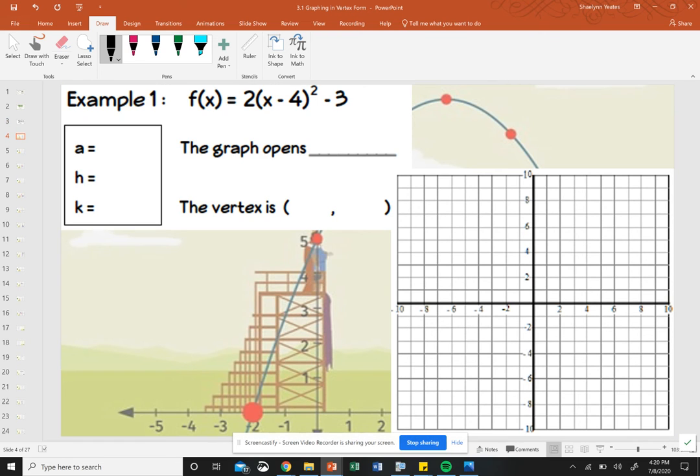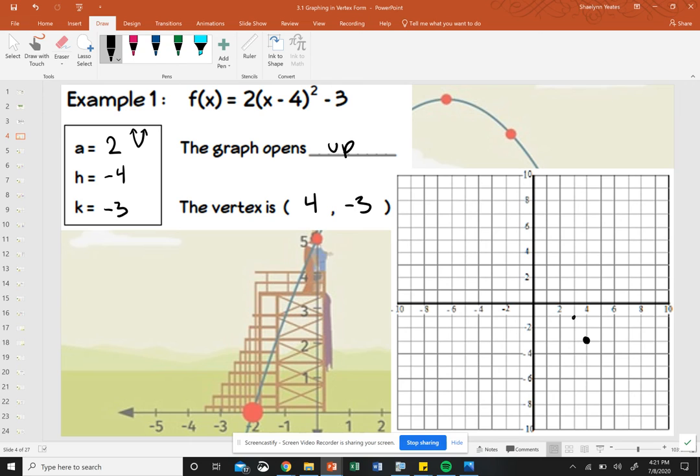All right, so right here, here's an example. So my A is 2, which means I'm going to get that stretch of 2, and it's going to be a smiley face. So we got a cute little smiley face. That's going to be a little skinnier than normal. Okay, H is going to be this negative 4, and then my K is going to be negative 3. So my vertex is negative 4, negative 3, because remember I take the opposite of H. Then the graph opens up. So let's go ahead and graph this. So I'm going to go to my vertex and then I'm going to do a stretch of 2.